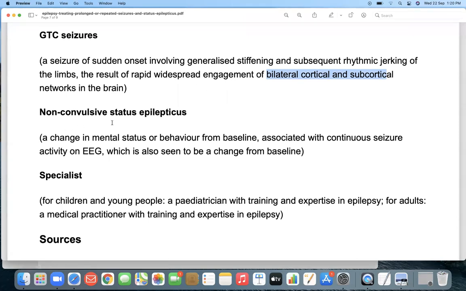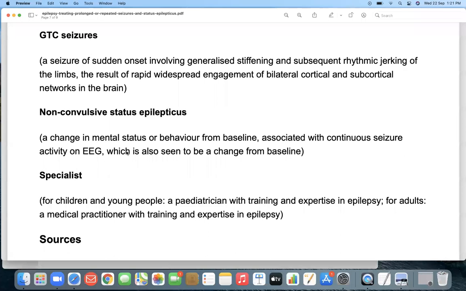There will be discharges. That's why. So non-convulsive status epilepticus is a change in mental status or behavior from baseline associated with continuous seizure activity on EEG, which is also seen to be changed from baseline. That means in non-convulsive status epilepticus, you don't see the child stiffening or jerking movements, but the EEG will be recording it.